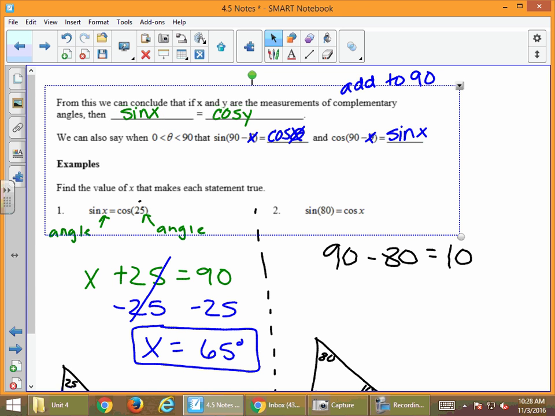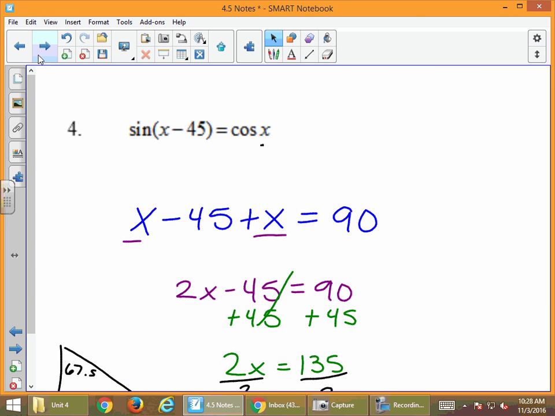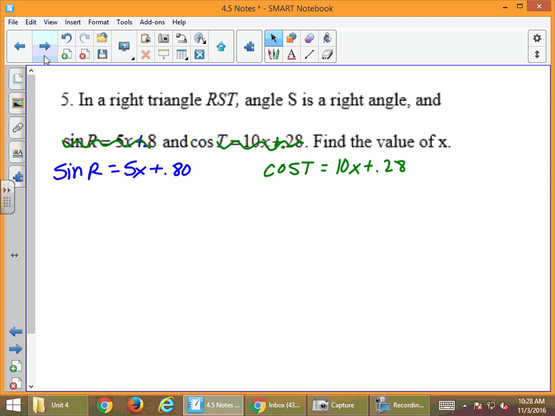So the sine of one angle is the same as the cosine of the other. So here, in this example, we're saying the sine of one angle is 5x plus 0.80, and the cosine of the other angle is 10x plus 2.8. Well, what do we know about those two things? They're the same. The sine of one angle is equal to the cosine of the other.